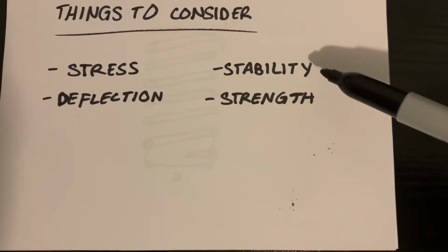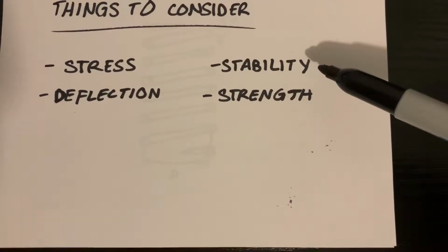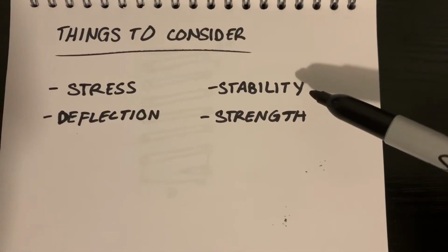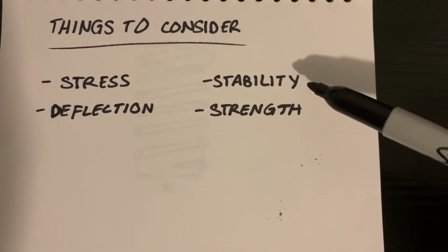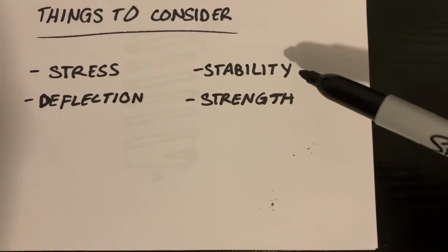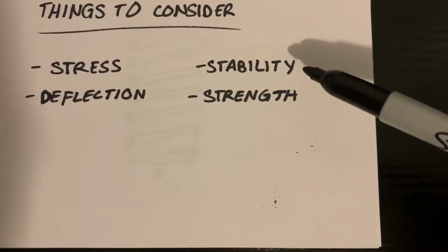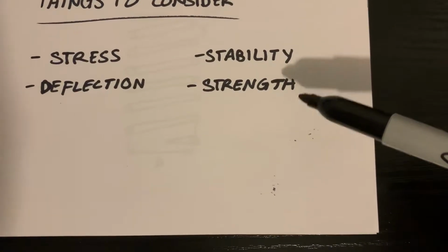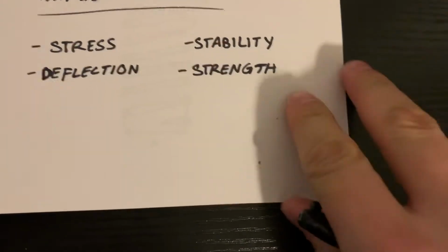We want to know the stability of a spring, whether or not it's going to compress or extend uniformly, or if it might buckle. And then the strength, to make sure the spring is strong enough.